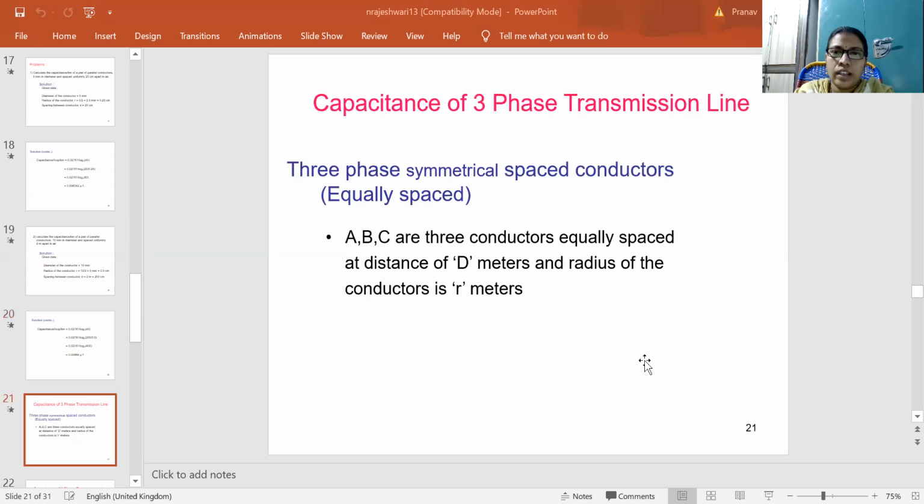Next is the capacitance of three-phase transmission lines. The capacitance of three-phase lines is of two types: with equally spaced and with unequally spaced conductors. The three-phase symmetrically spaced conductors are equally spaced conductors. In that, A, B, C are the three conductors equally spaced at a distance of D meters, and the radius of the conductor is small r meters.